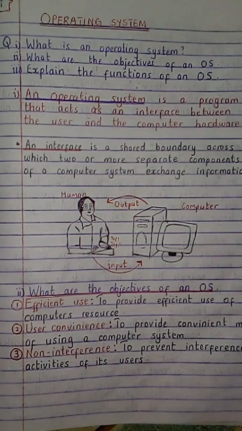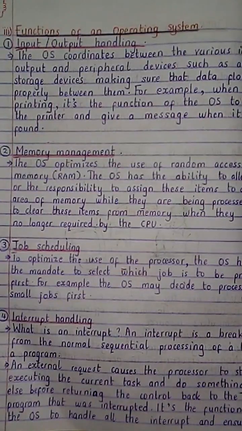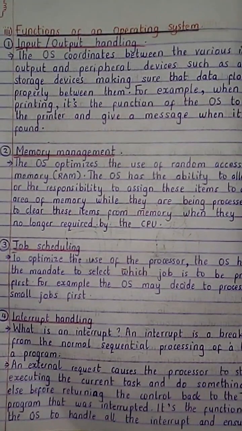So let's look about the functions of the operating system. An operating system has very many functions. But today we are going to look at almost 5 of the operating system functions.